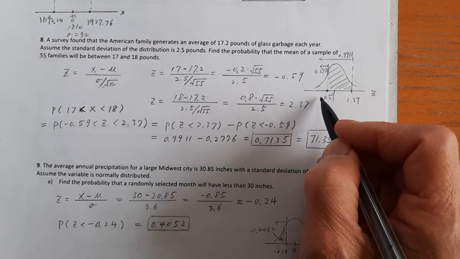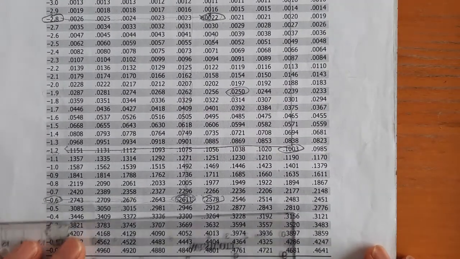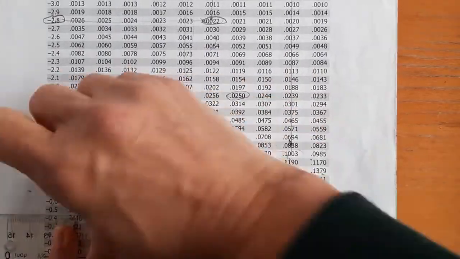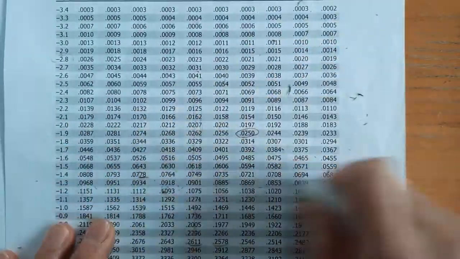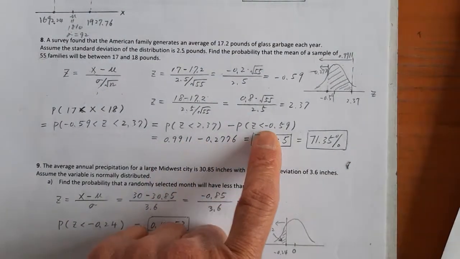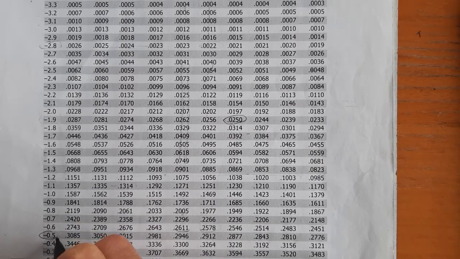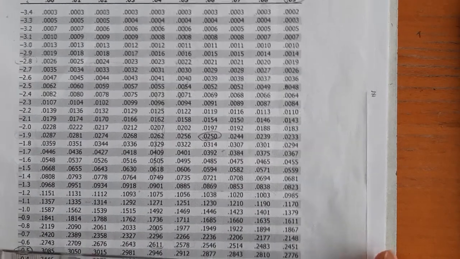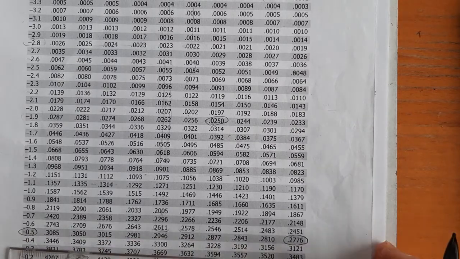This area is when z is negative 0.59. So look at the table: negative 0.5 here, and on the top it's 9.